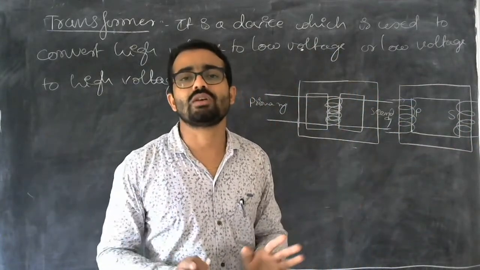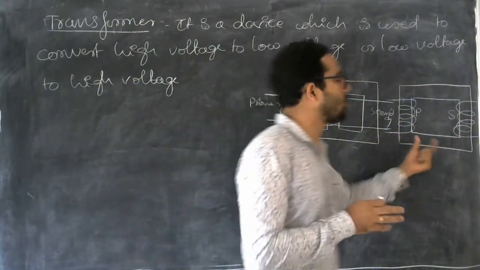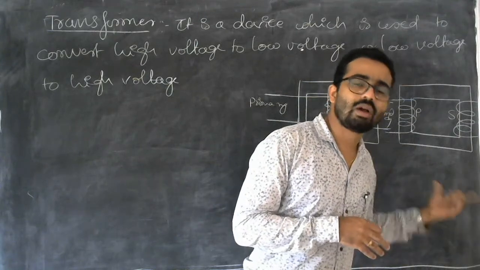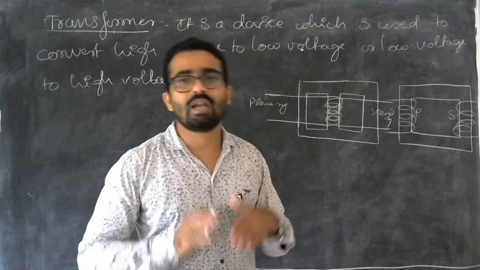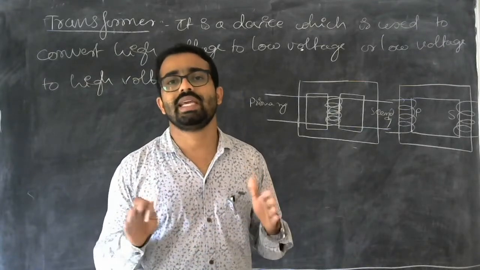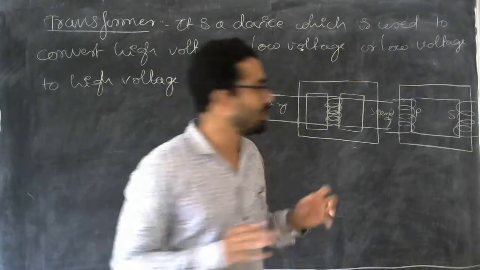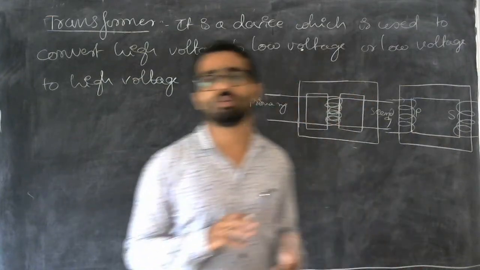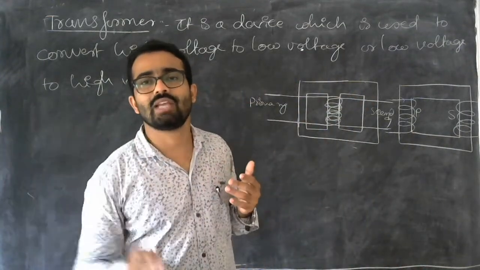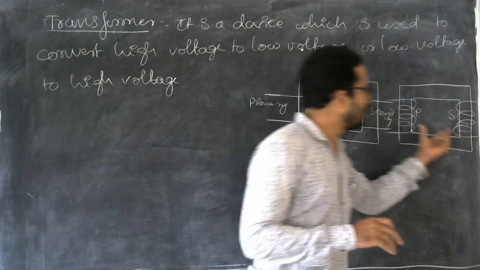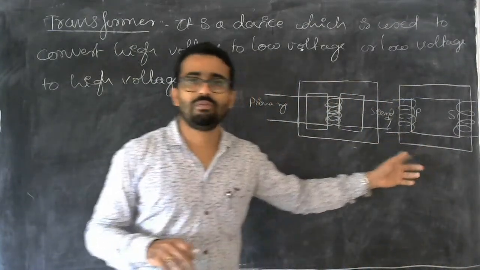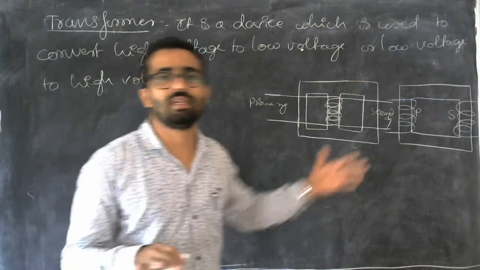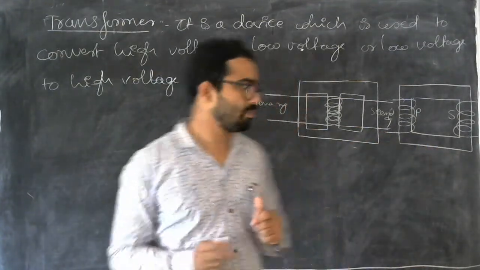That happens because of the poor design of the core or because of the material used. So in the ideal transformer, we assume that flux leakage is also zero. If the flux leaks, then energy will be lost. If we consider there is no flux leakage, then there will be no power loss.